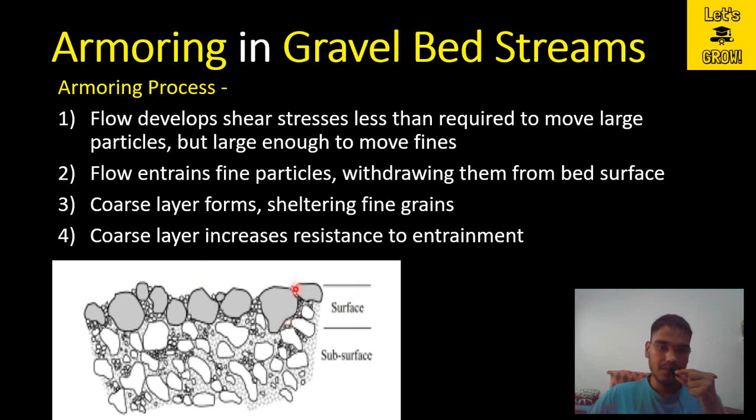This means that for transportation of these finer particles, a higher shear stress will now be required, because the finer particles are sheltered by the coarse particles. So more shear stress will be required to move these particles.